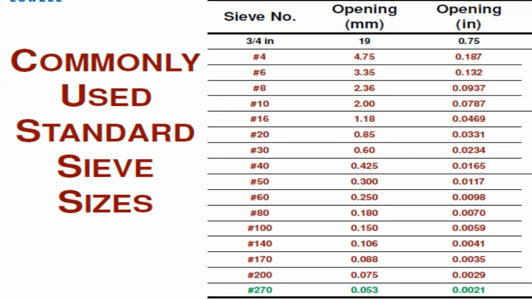When I'm talking about number 200, what does it mean after the soil passes through number 200? The soil which we get is mostly silt and clay. So this is all about the categorization according to sieve sizes, and you can get these standards on the internet as well. You just need to search for sieve tables.